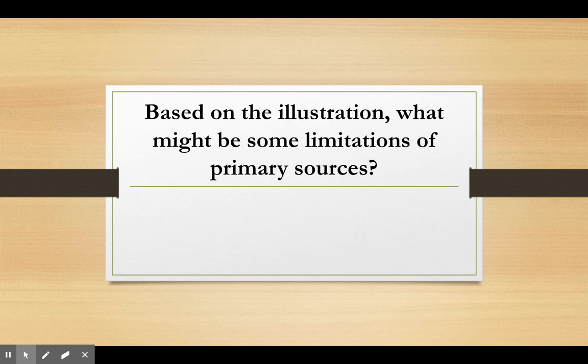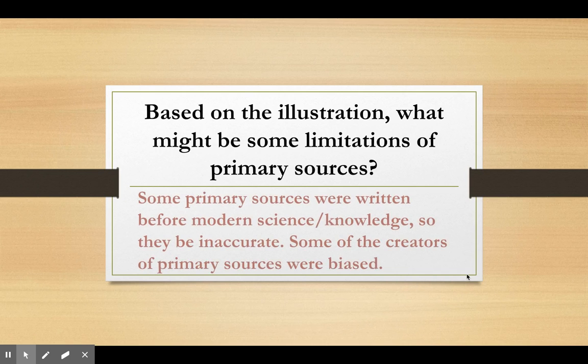All right, my sweetnesses, let's take a look. Here's what I wrote. Some primary sources were written before modern science or modern knowledge, so they might be inaccurate if you're looking at medical texts of the ancient Greeks. Those are primary sources written at the time, but they might not be very accurate because they didn't have modern science to understand medicine and how the body works.